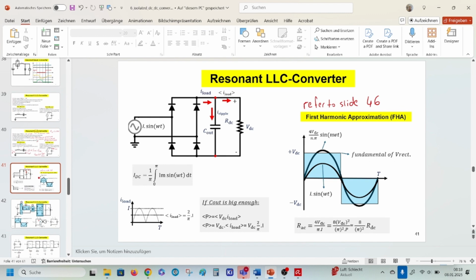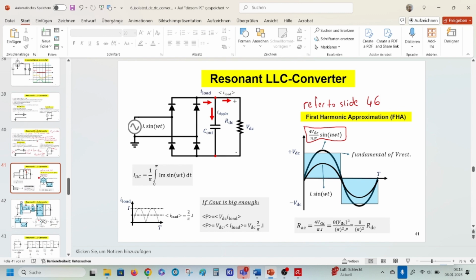Refer to slide 46 to see how we calculate the sinusoidal waveform from a DC waveform.